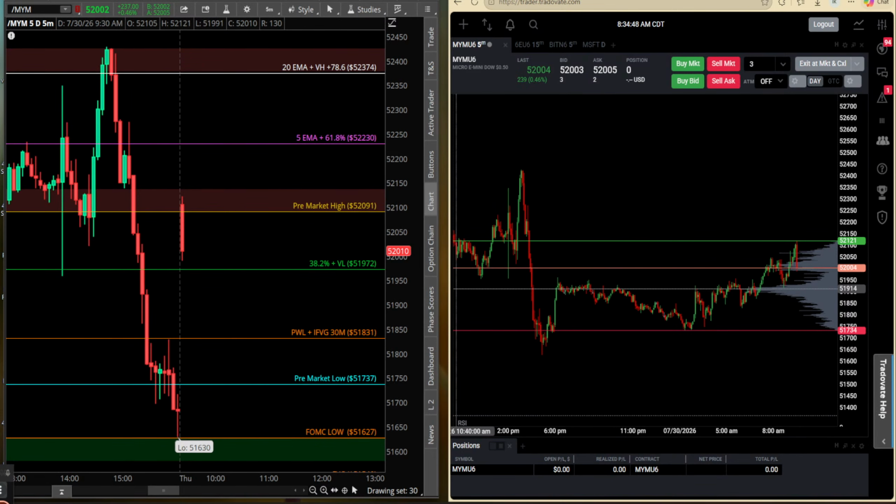This 5 minute candle just closed below the value area low. You can see it here. I'm going to bring DIA here.